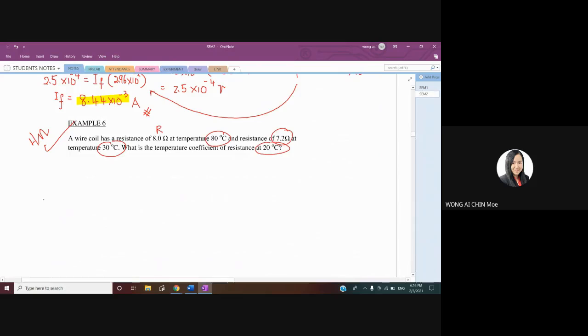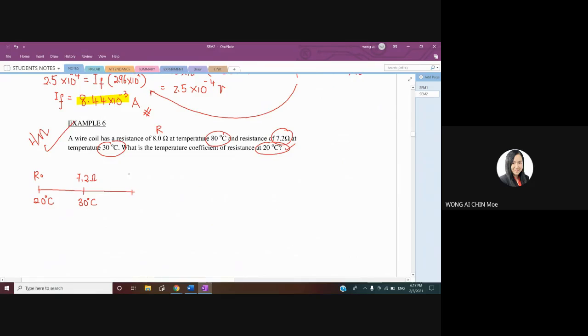So in this case, every time we start from 20 degrees Celsius. When it is at 20 degrees Celsius, this is your R naught. When it is at 30 degrees Celsius, the resistance is 7.2 ohm.